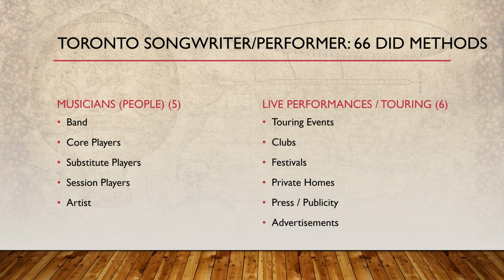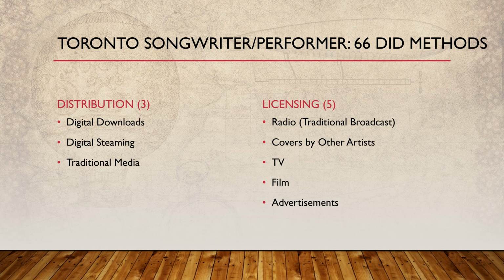Again, these are specifically musicians, and there are other people or other roles within the mind map that could also be included. Live performances and touring, we have 6. Again, classes or category types that would correspond to 6 DID methods.